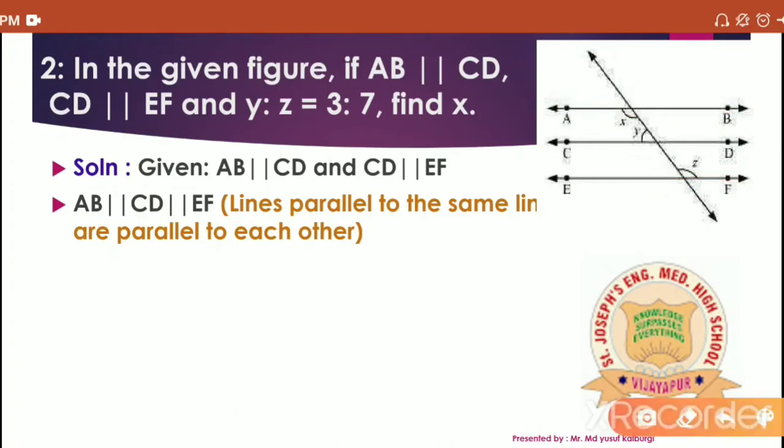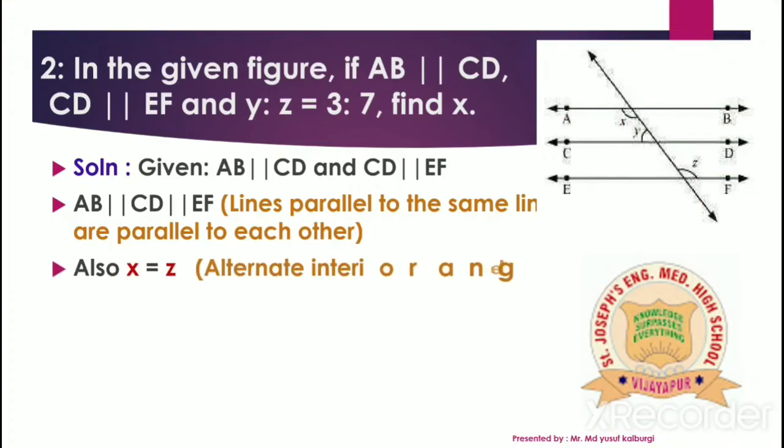So can we write angle X is equal to angle Z, because alternate angles they are forming. So let us write that: angle X is equal to Z, alternate interior angles. Give it as equation 1. We will use it later.